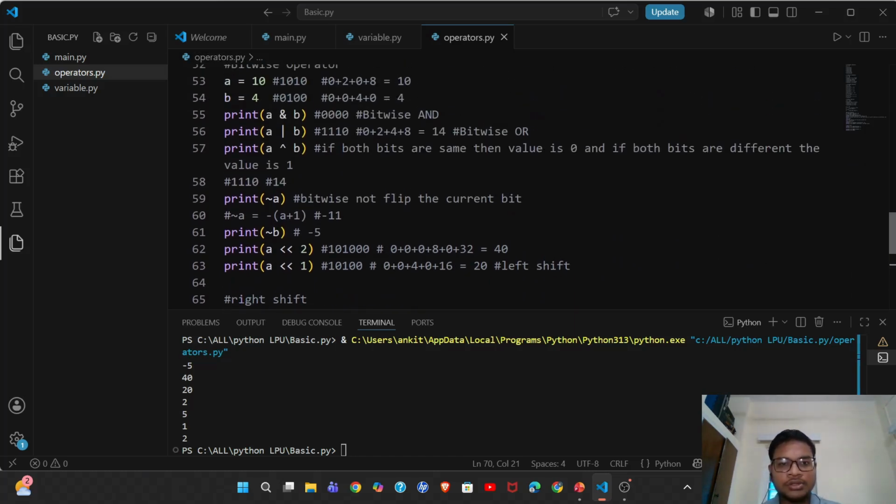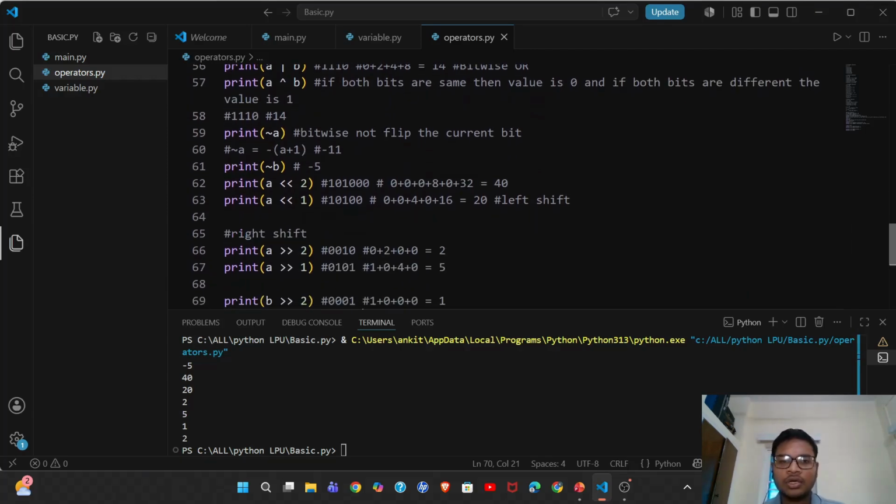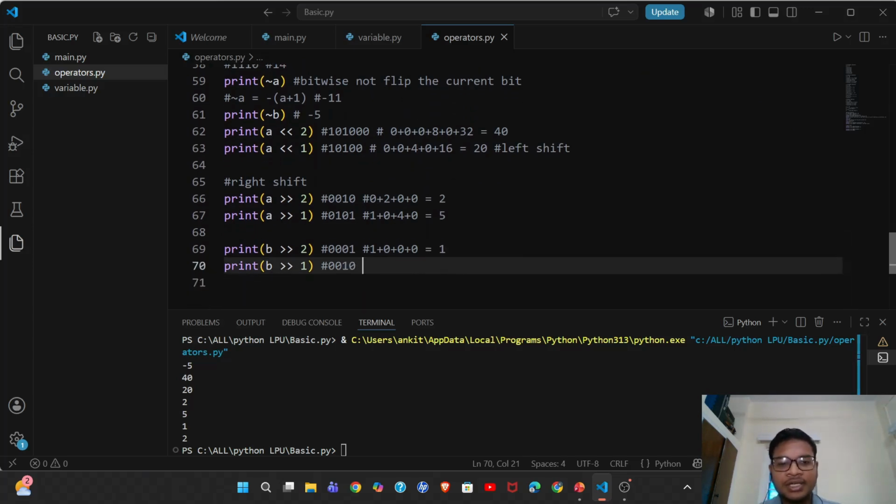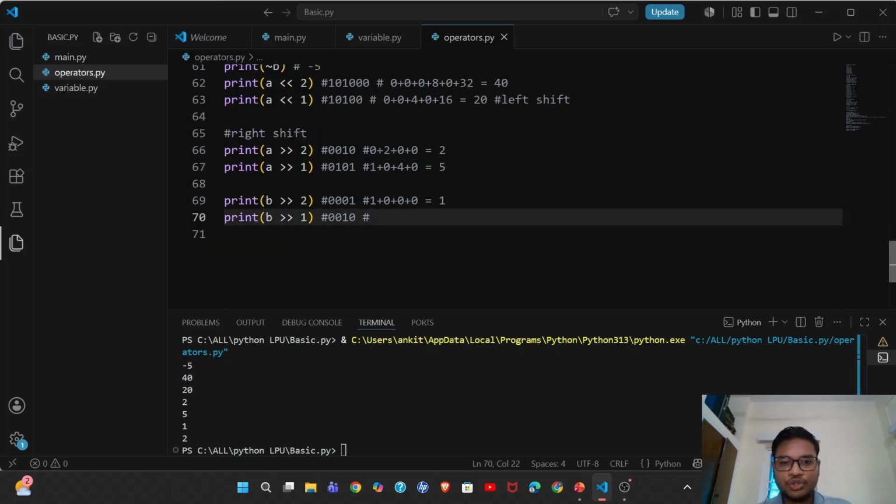This all is shifted to the right by 1 place, just right shift. So this one, 0010, the value is 0 plus 2 to the power 0 is 0, 2 to the power 1 is 2, then plus 0, then plus 0. The value is 2. So the final output here is 2. Correct?